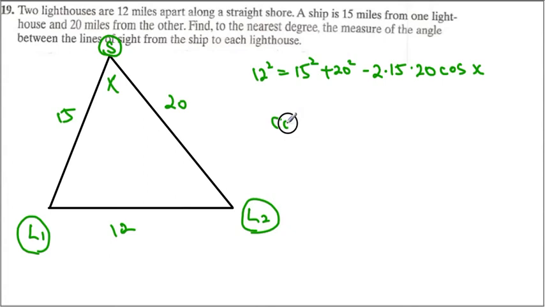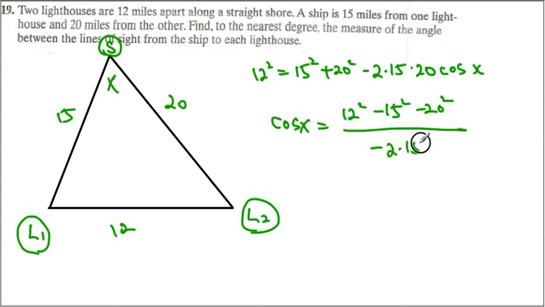And we can figure out cosine of x here by simply 12 squared minus 15 squared minus 20 squared. Bring these two things out to the other side. Divide whole thing by negative 2, 15, 20.